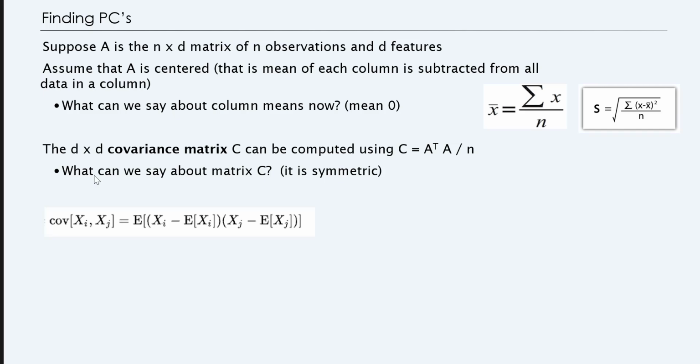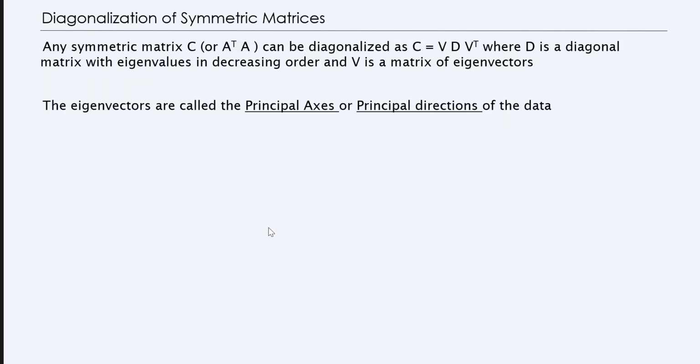So that's the covariance between the variables in this matrix. The covariance matrix is a symmetric matrix because A transpose A is symmetric, meaning that Aij is Aji. Now the covariance of two variables xi, xj is defined by the expected value of the deviation of xi from its mean and xj from its mean. We'll get to that in the probability sections.